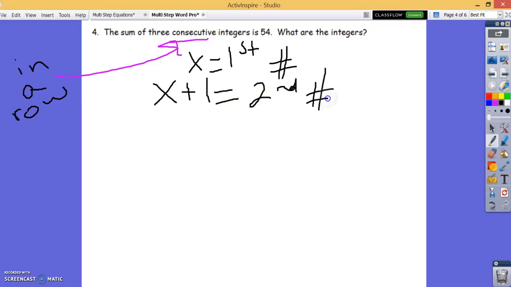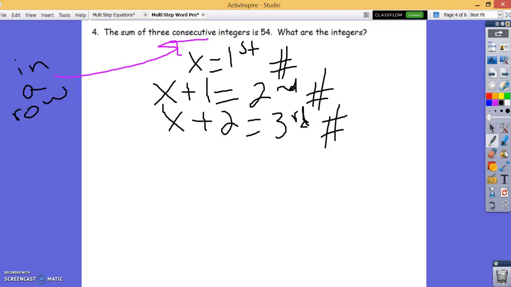Because no matter what x is, the second number, if it's consecutive, if it's in a row, it has to be plus 1. And then, let's think about this. If you found out the numbers were 10, 11, and 12, to get from the first number 10 to the last number 12, you're going up 2. So what we're going to say is that it's x plus 2 to be the third number. Now that will work every time. Think about it.